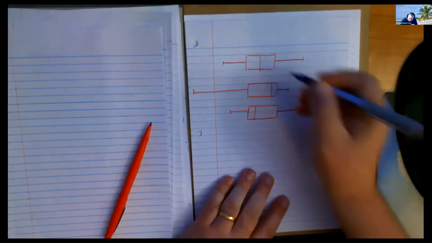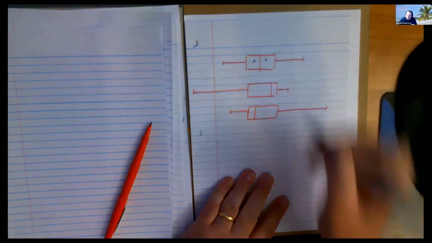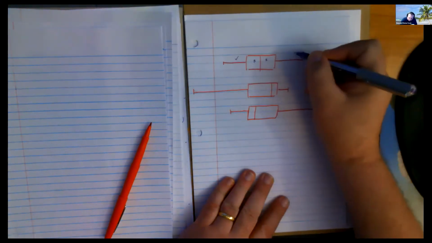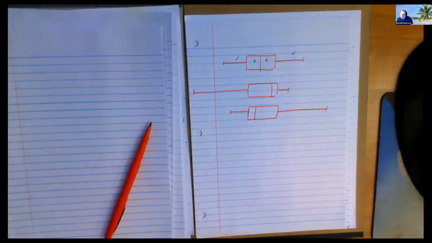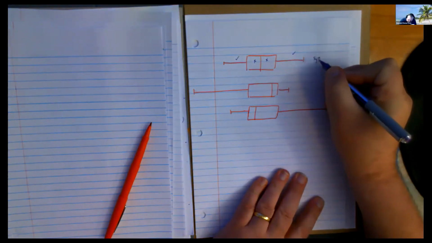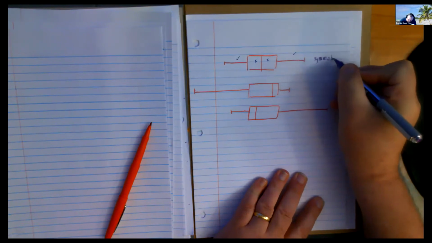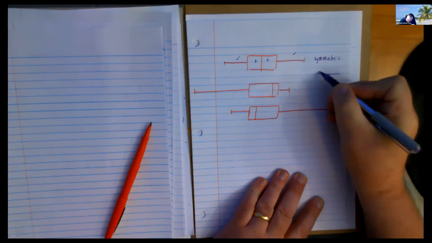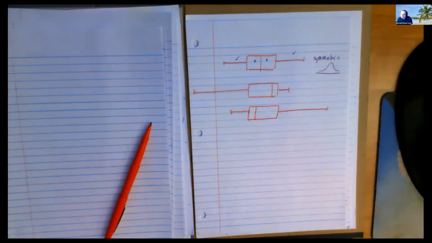Now, do you notice that both these are roughly the same size and both these are roughly the same size? What do you think a shape that has that kind of box plot would be? Symmetric. Kind of makes sense. Wouldn't you expect it to be symmetric? So if you did histograms of it, you'd probably see that, wouldn't you?